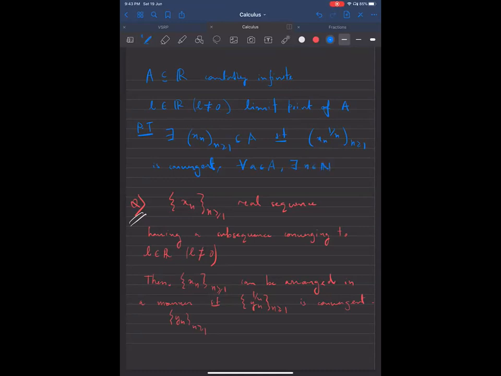I think this is a little bit difficult problem to state and solve now. Of course, I want to also solve it, but maybe this is a little bit advanced for now. What I'm trying to say is, this set A can be transformed into a sequence in a particular order for which the 1 by nth power of that sequence is convergent, given that the countably infinite set has a non-zero limit point.